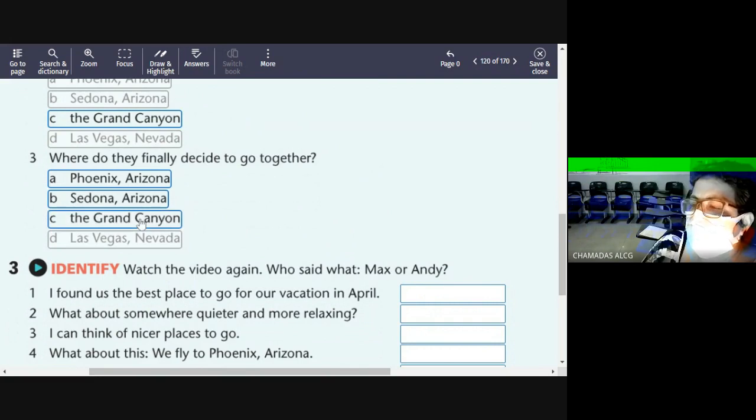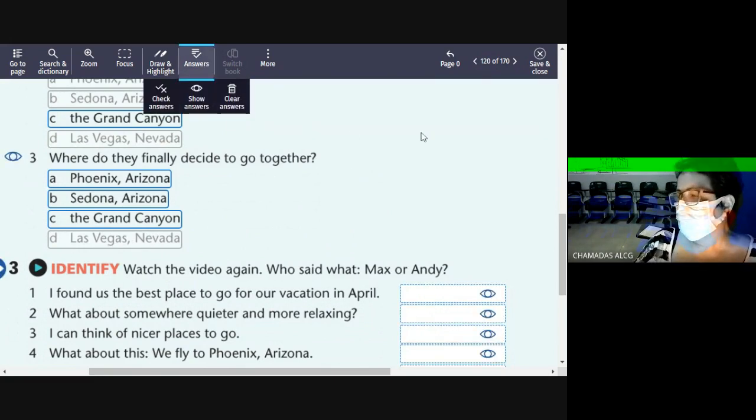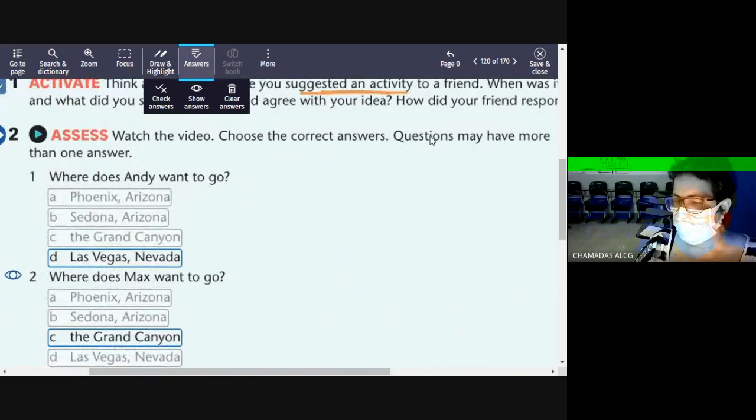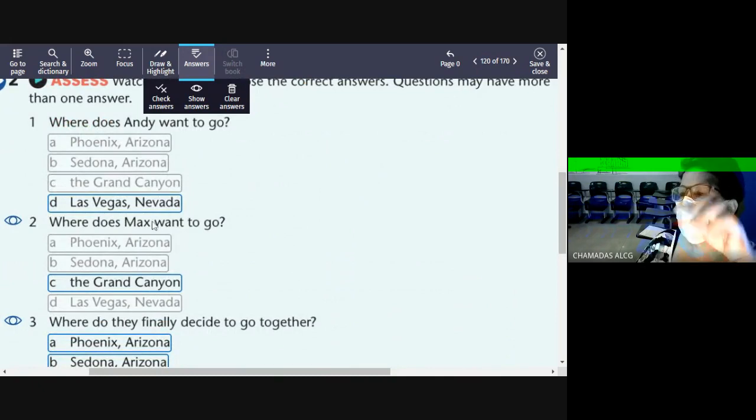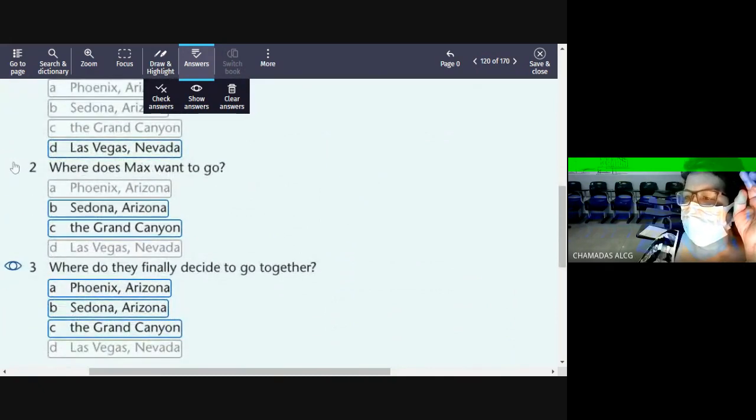Sedona and Grand Canyon. They decide to go to these places because Max wants to go to the west, but he doesn't want to go to Las Vegas. All right, let's check the answers. Oh man, let's see what's wrong here. First of all, Las Vegas, Nevada, and then the second one actually is not right because Max wants to go to the Grand Canyon, okay?